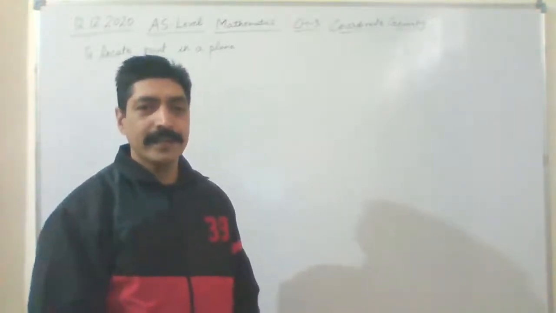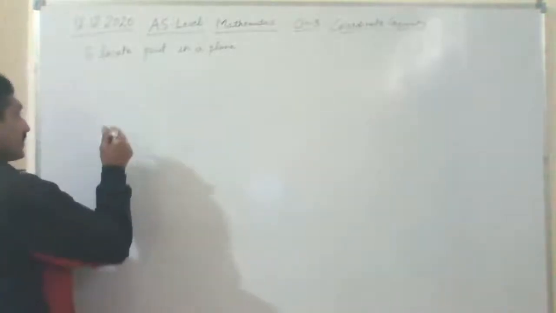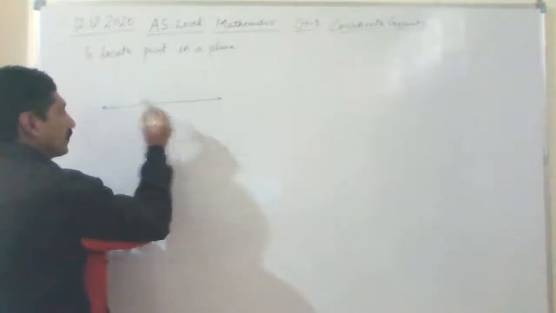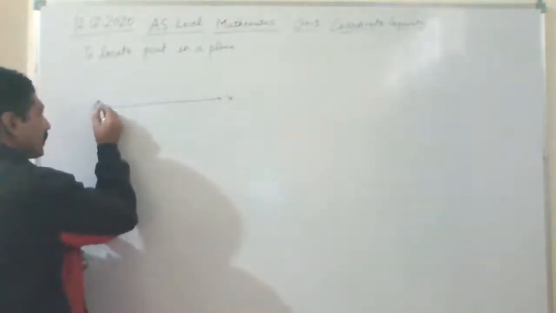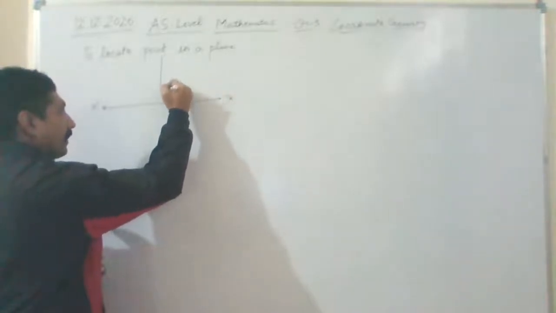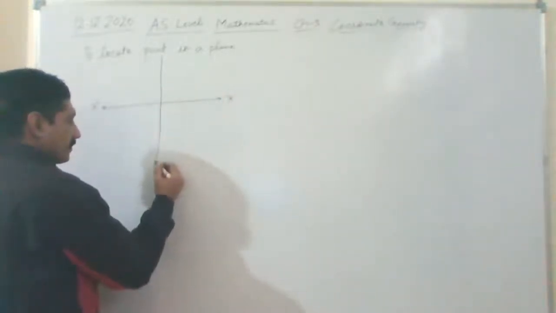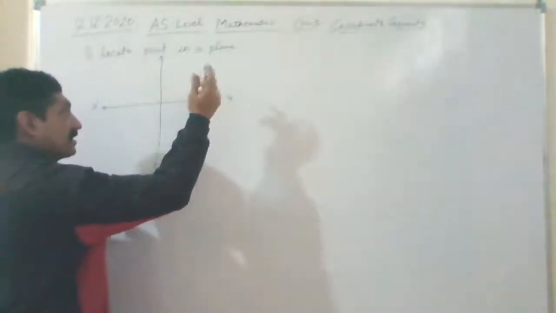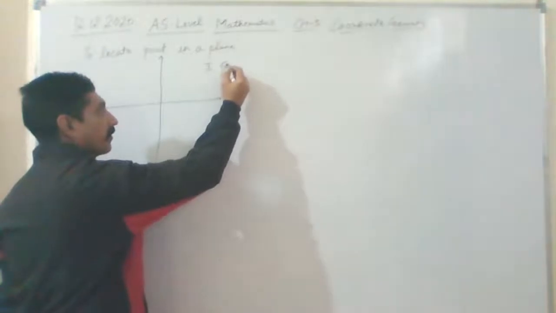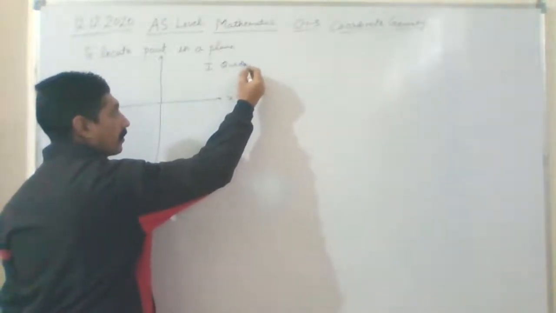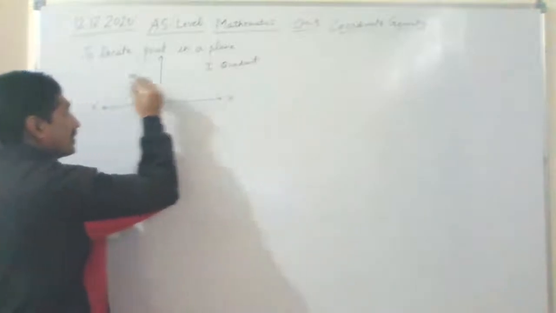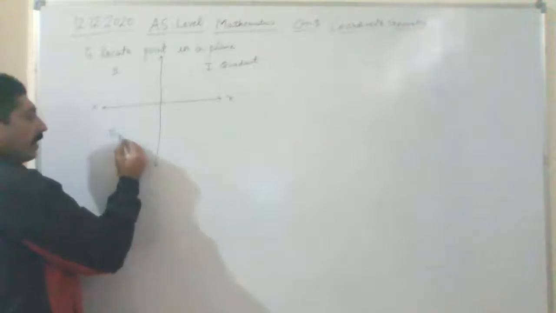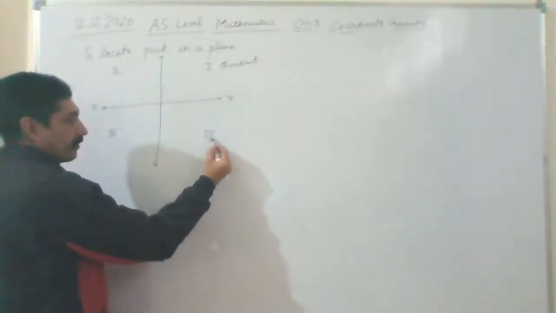The horizontal line is your x-axis, and this is your x dash, and the perpendicular line is the y-axis. We have studied this in our lower classes also. So here is your first quadrant. This is the second quadrant. This is the third one, and this is the fourth one, right?